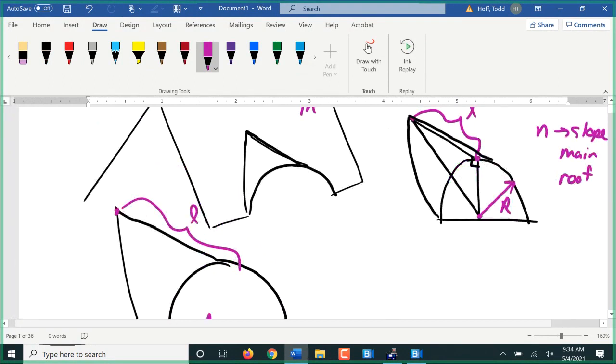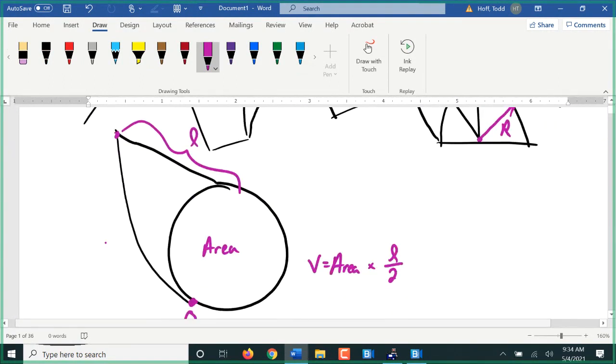However, here it's not a full circle. It's only half a circle. And because it's only half a circle, when we run this up here, that would be the full shape.